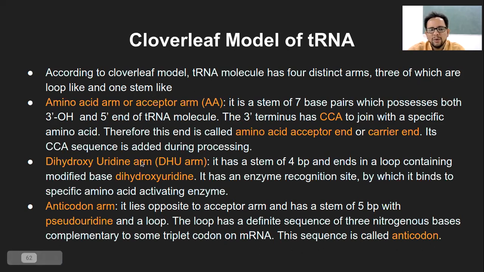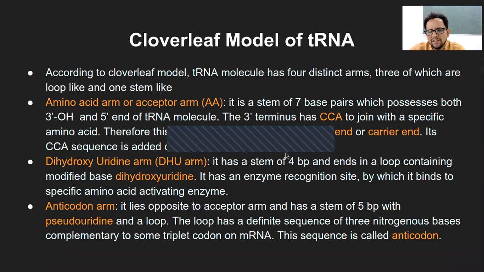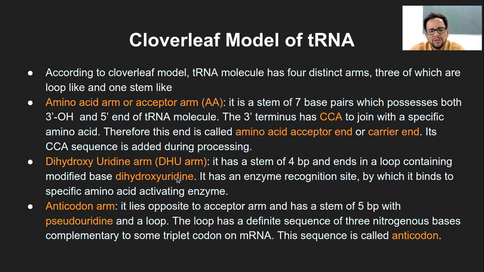Second one that we had looked at was the dihydroxyuridine arm, DHU, which has a stem of 4 base pairs, and then it ends up looping containing modified dihydroxyuridine. And this is usually the enzyme recognition site during the activation of the amino acid by the amino acid activating enzyme.